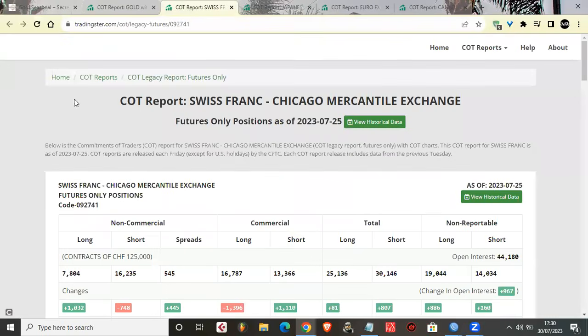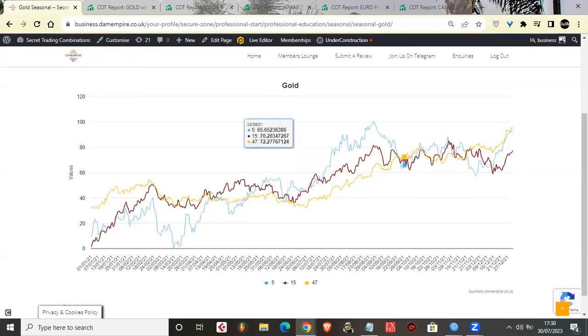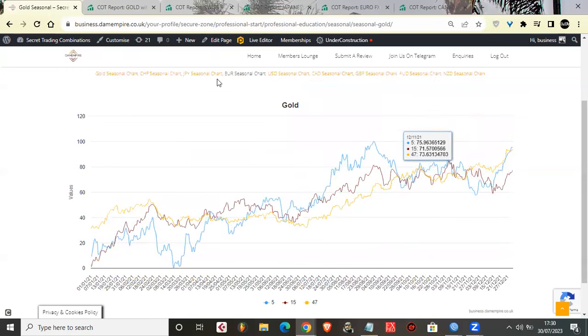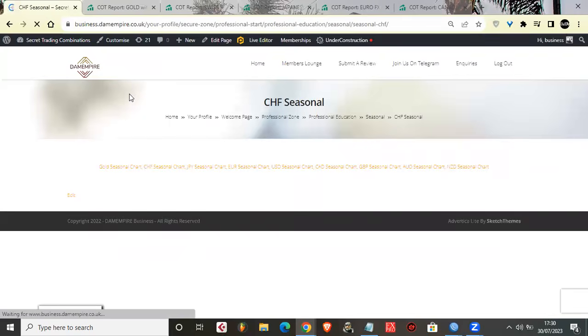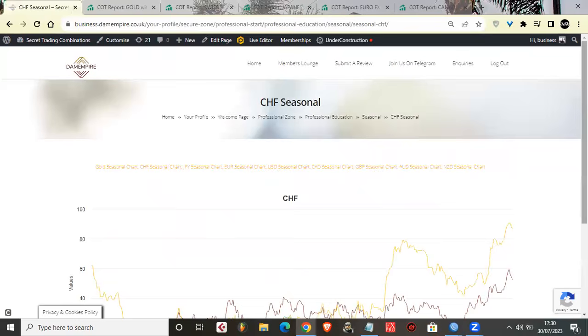Next one in line is CHF, Swiss franc. So they're going short on that. And what I want to do is go to Swiss franc and look at what they're doing on the seasonality side of things. Okay.